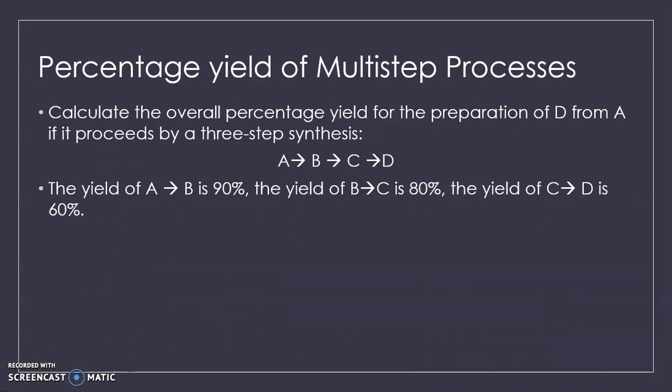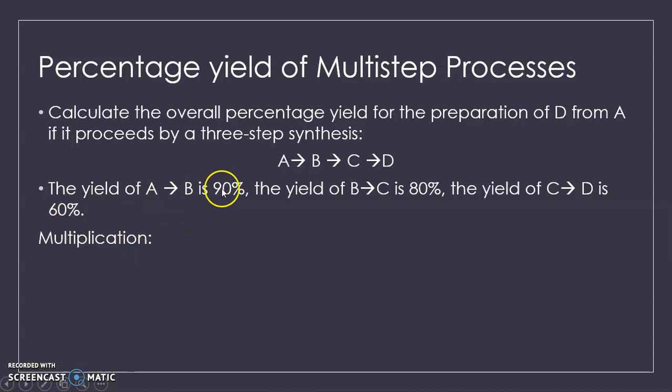You will also notice that for most organic reactions, it's not going to be a single-step process. Normally, to get a desired product, we need multiple steps. The percentage yield for a multiple-step process is simply multiplying the percentage yield for each single step, which is normally given.